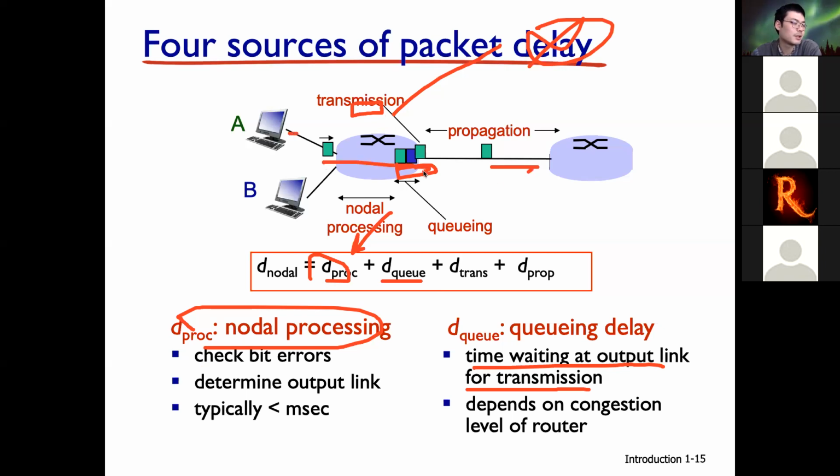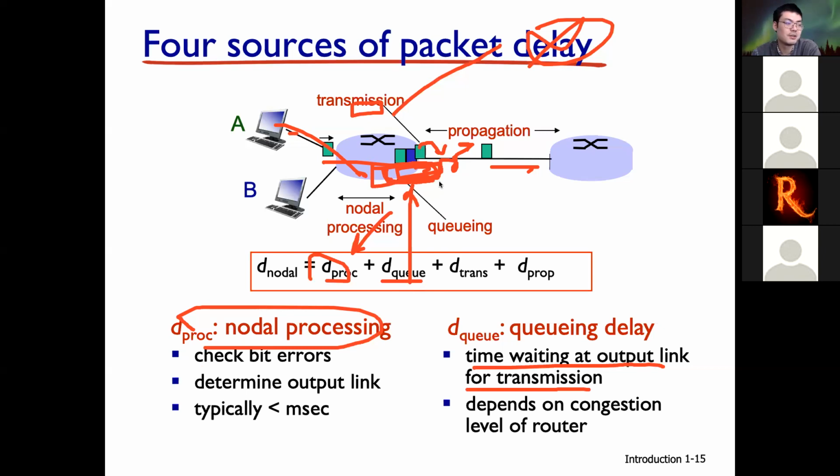But if, when you come, there's no packet in the queue, then I will directly put your packet onto this link, and then you have no queuing delay. It's almost zero. But it's also possible the queue is already very, very full. There's still space, so you are not dropped, but there are a lot of packets before you. Each packet will take some time to put onto this link, and then there's a lot of queuing delay here.